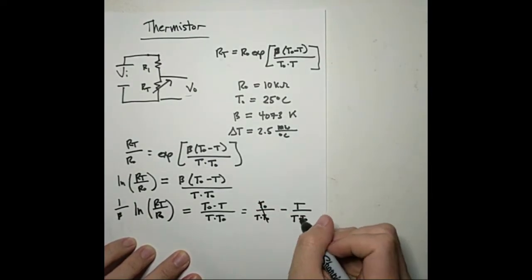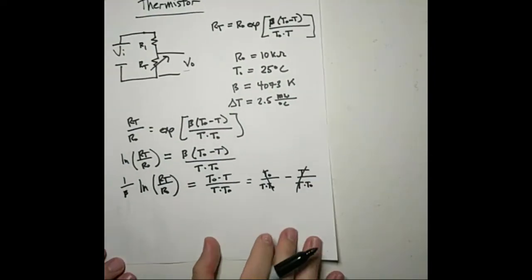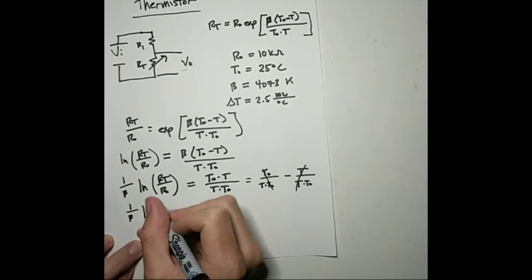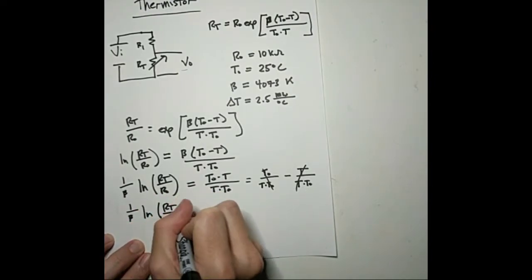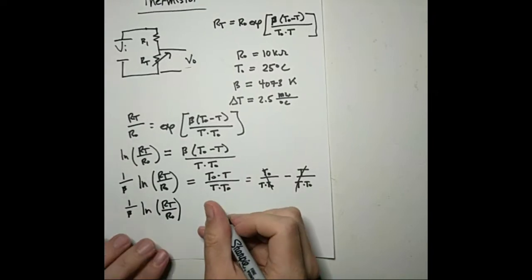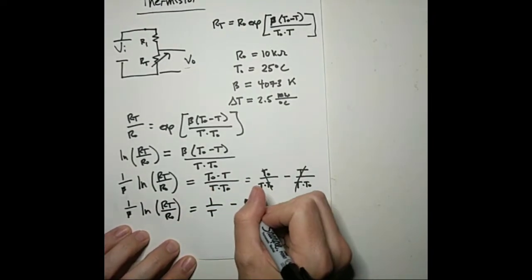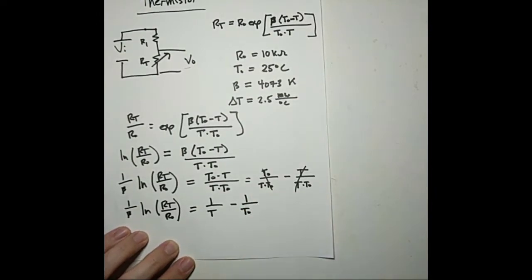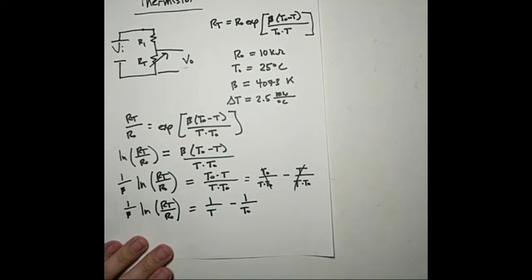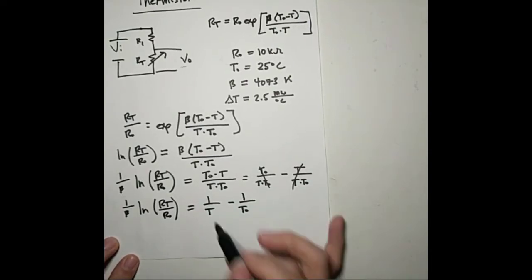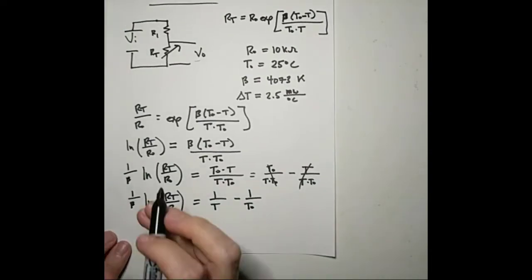And then we can cancel these. So now we have 1 over T minus 1 over T naught on that side.